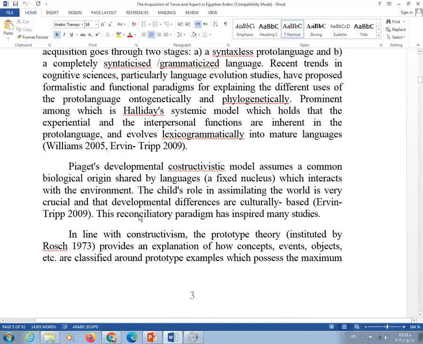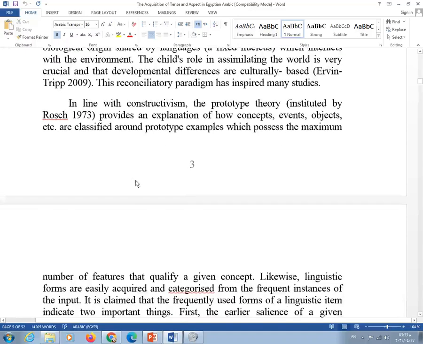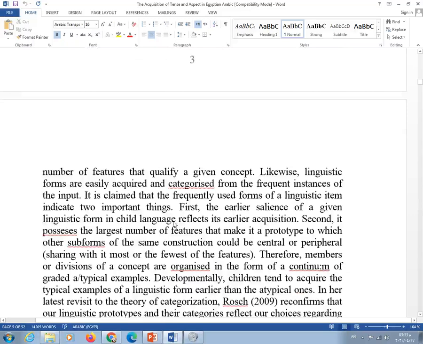Also, we have Rosch, who says that we learn the concepts or the events that are salient in our environments. So the earlier salience of a given linguistic form in child language reflects its earlier acquisition.